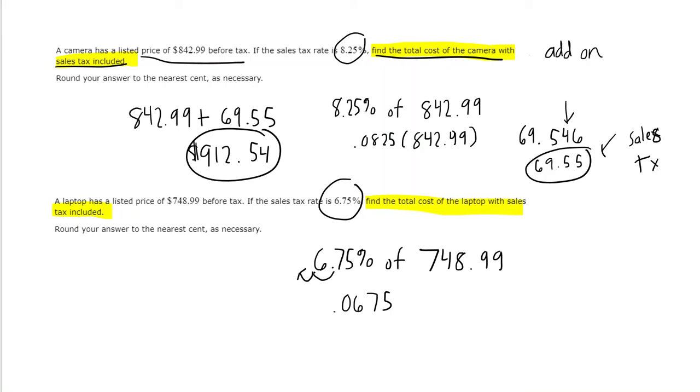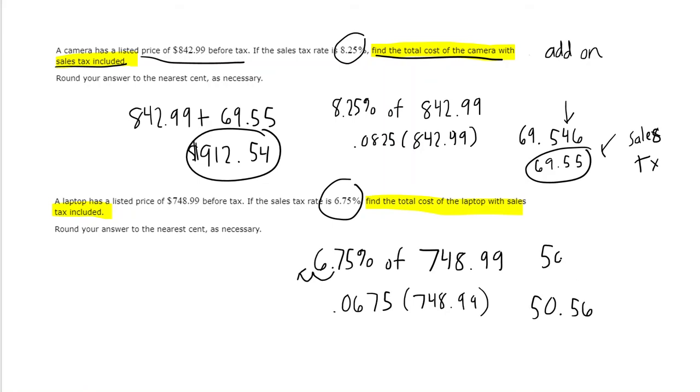Okay, so 0.0675 times $748.99. That will tell us how much we're going to pay in sales tax. And when you round that to the hundredths place, you get $50.56.